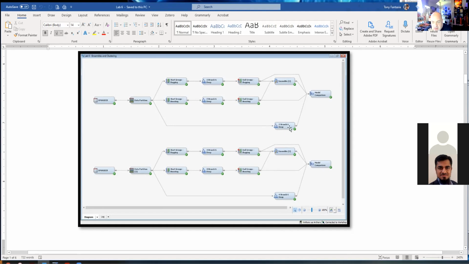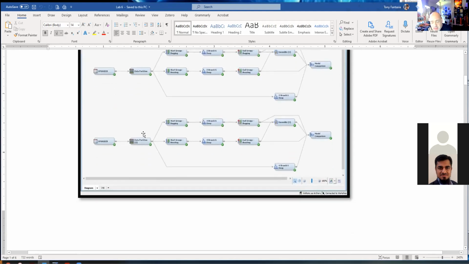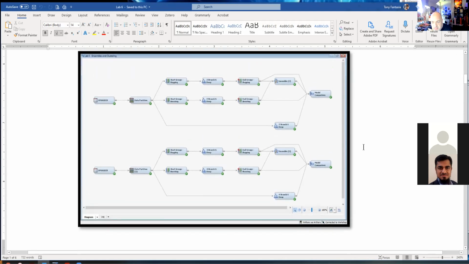A third decision tree, 2 branch 6 deep, is connected directly to the data partition, no boosting or bagging, and then a model comparison. The only real difference between the top and the bottom is that new data partition node and changing the configuration of the decision trees to 4 branch 6 deep models tied to the same ensembles and model comparison. So that's my diagram for this lab.